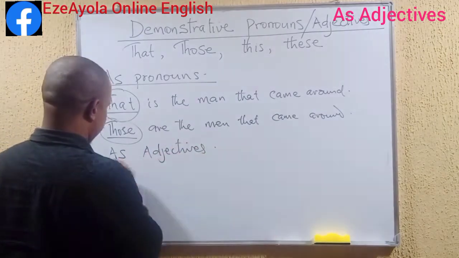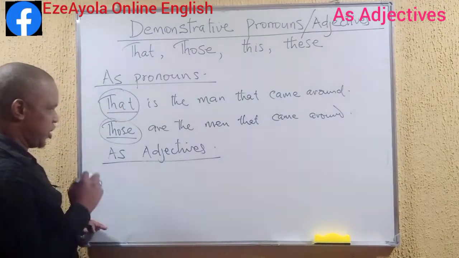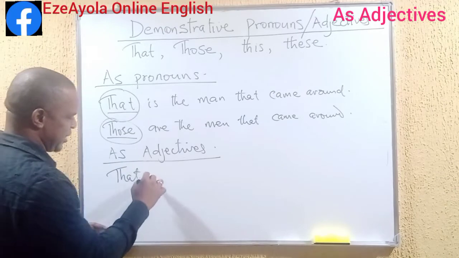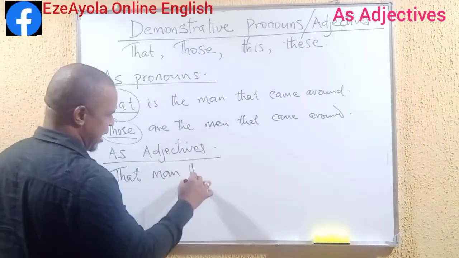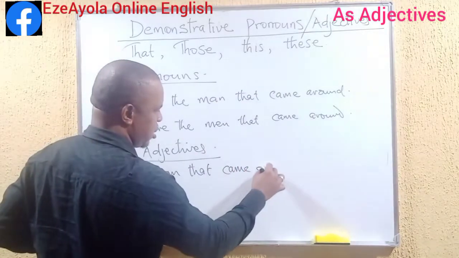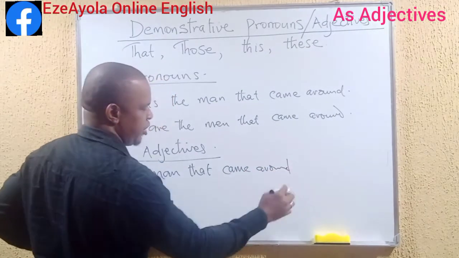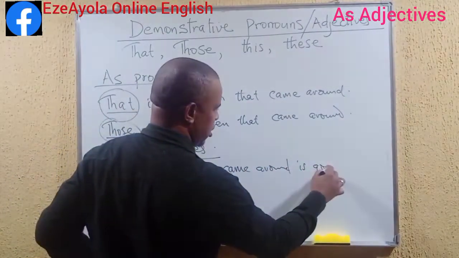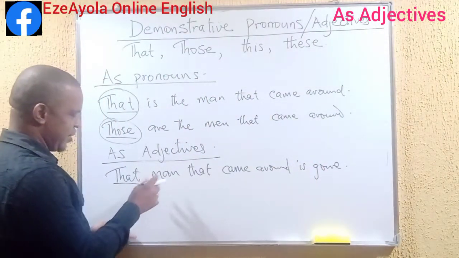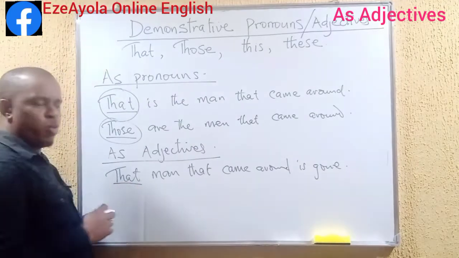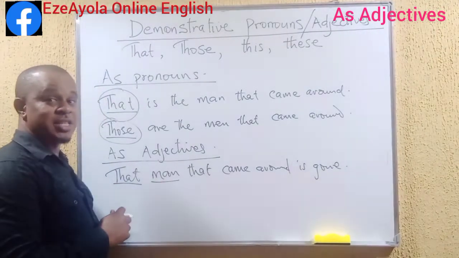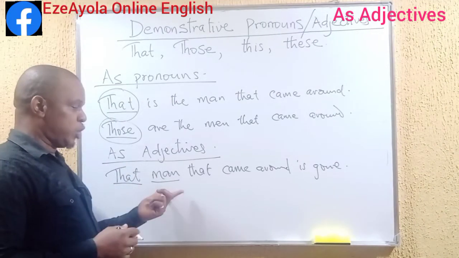But as adjectives, how do we use them? As adjectives. All right, we could say, that man that came around is gone. Okay, now look at this. That man. Now we notice something. We are talking about man here. All right, someone came around. Which man?